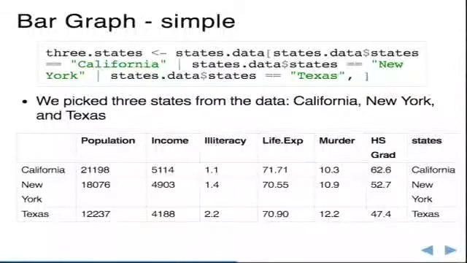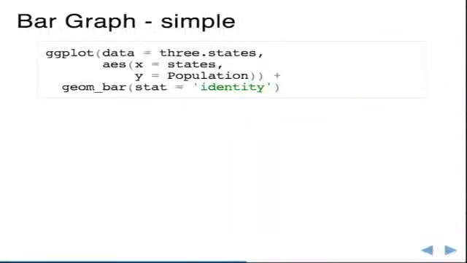Basically what this line of code says is create this 3 states file and just use this data set. So now we're going to use that data set in the bar graph. So again, it's ggplot, data equals 3 states. The aesthetics is x equals states, and y equals population.